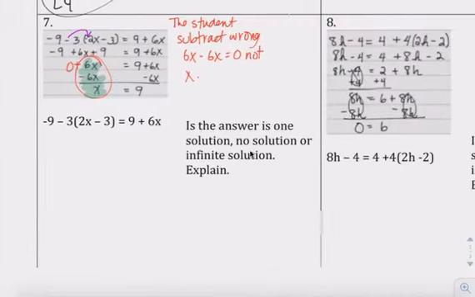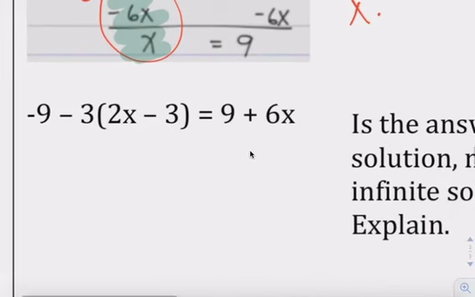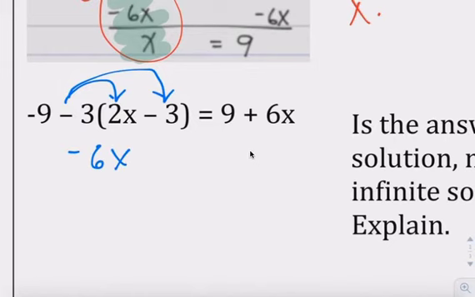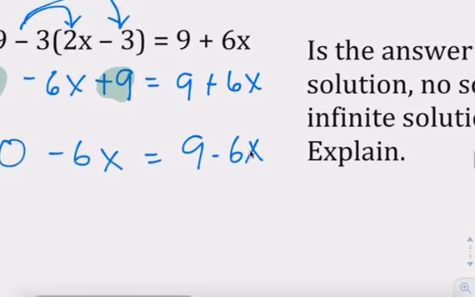Alrighty. So, you do this, you distribute, that's negative 6x. That's a positive 9. Negative 9 equals 9 plus 6x. Combine these like terms, you get 0 minus 6x equals 9 minus 6x. Plus 6x.